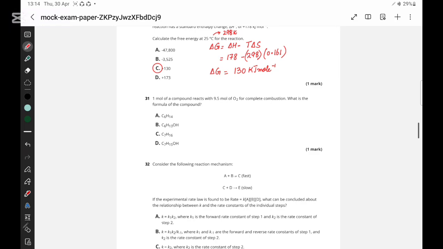1 mole of a compound reacts with 9.5 moles of oxygen for complete combustion. What is the formula of the compound?